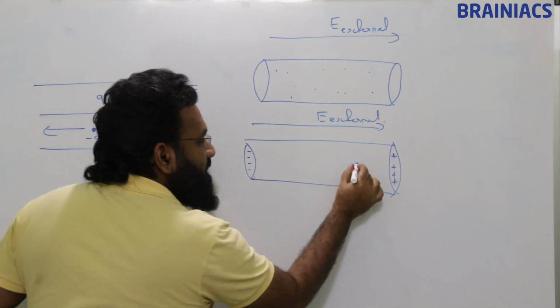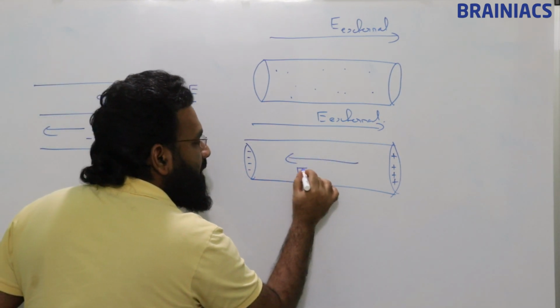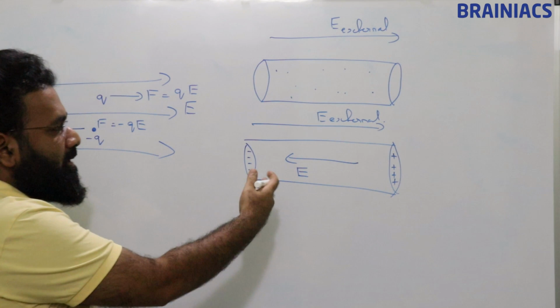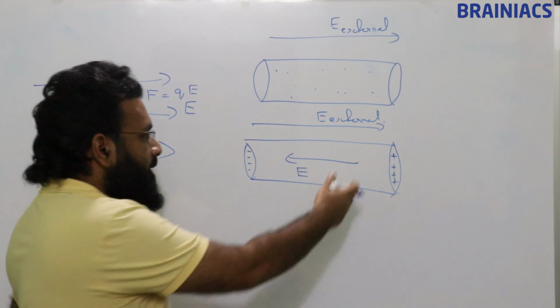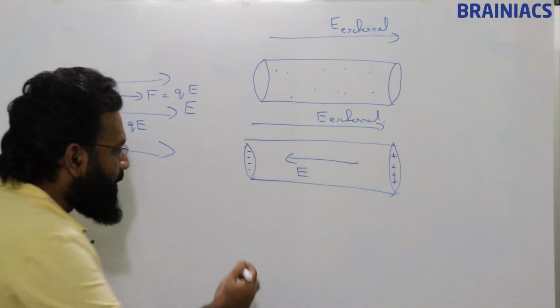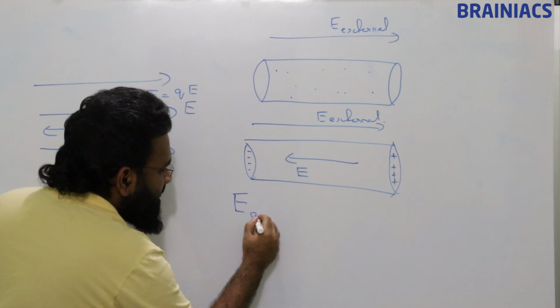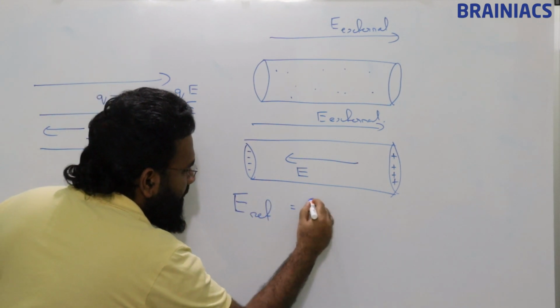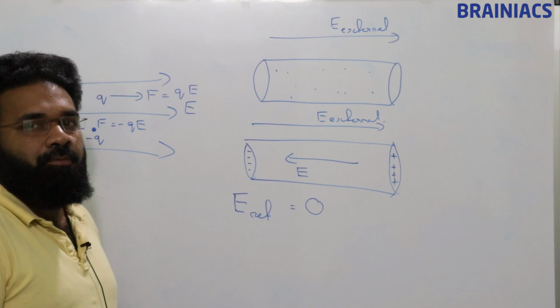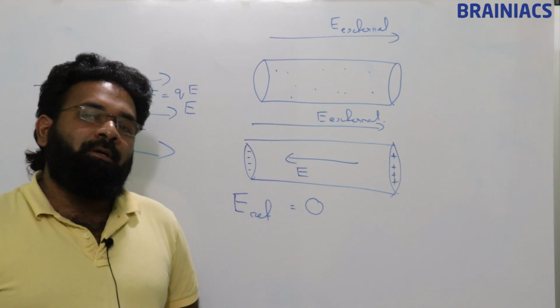Because of this, there will be an internal electric field in this direction. So the net electric field will become 0. So it stays like that.